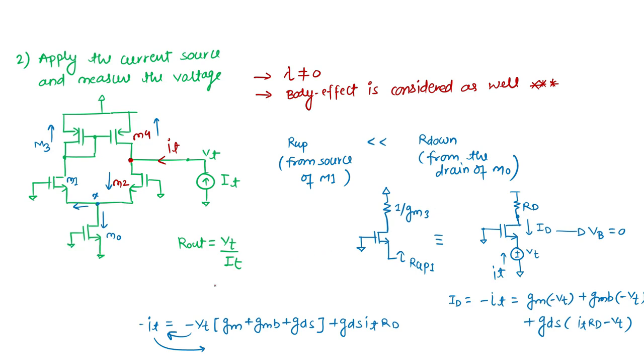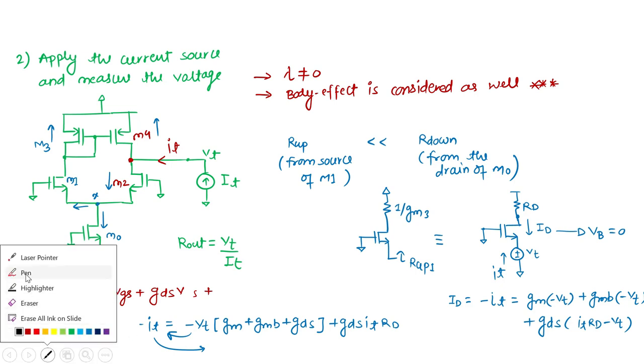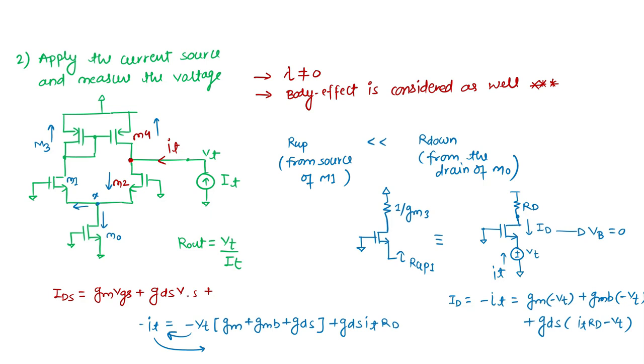The general ID always has the components GM VGS plus GDS VDS. This is a standard equation that we should always follow without considering the small signal equation.